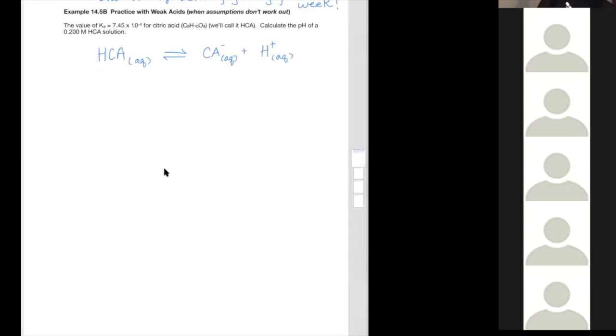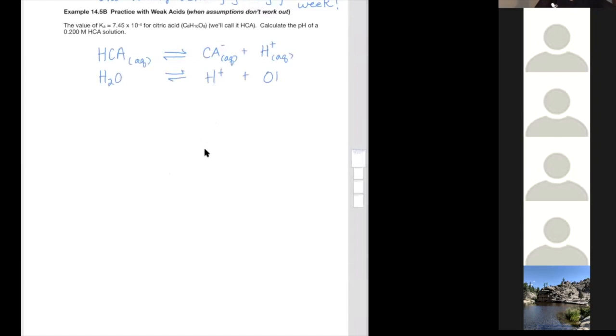We also know that we have water, which remember is amphoteric, and so it is going to break into hydrogen and hydroxide. So it also could act like an acid or a base.